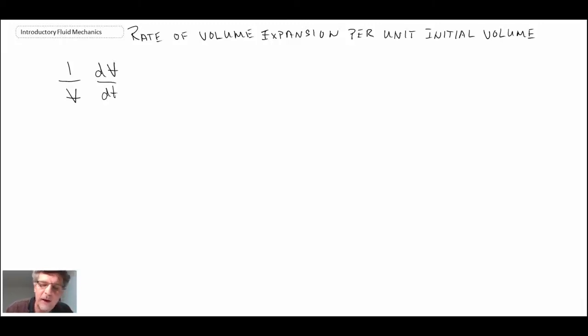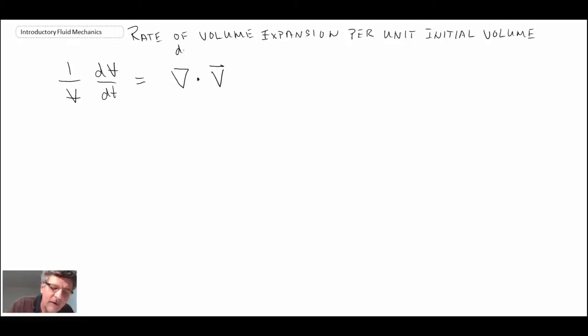That would be rate of volume change, expansion or contraction with respect to time per unit initial volume. That's why we multiply it by 1 over V. Now in fluid mechanics, we can express this with an operator, del dot, which is the divergence of the velocity field.